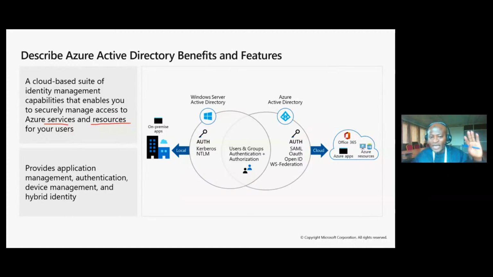Please get it right. In the case of on-premises applications, we make use of Windows Server Active Directory. And in the case of cloud-based services, we make use of Azure Active Directory. And what does it do?